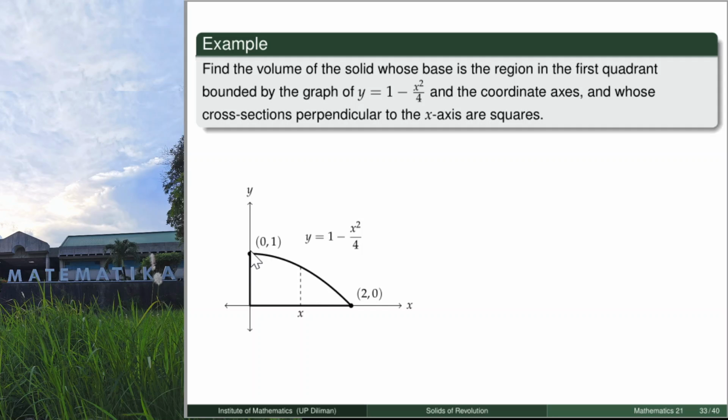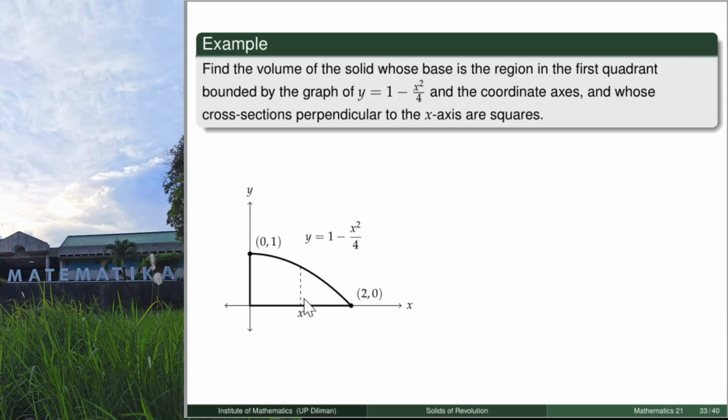We know that the squares are somewhere here, like this, like this. For example, this broken line here is one side of a square cross section. So it's enough to get the measurement of this vertical distance, and then square it later. That's how you get the area of the cross section.